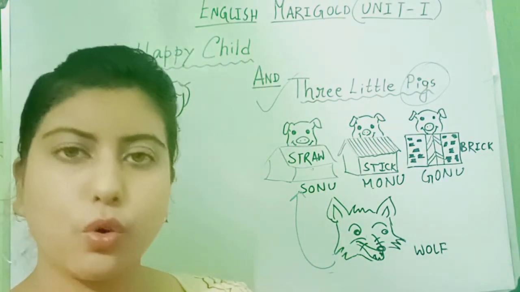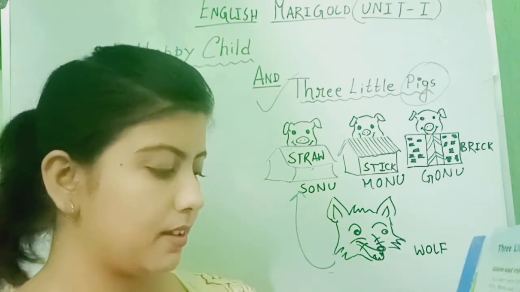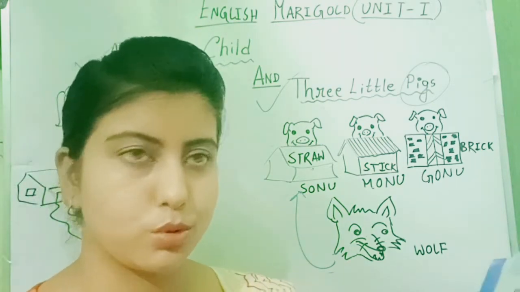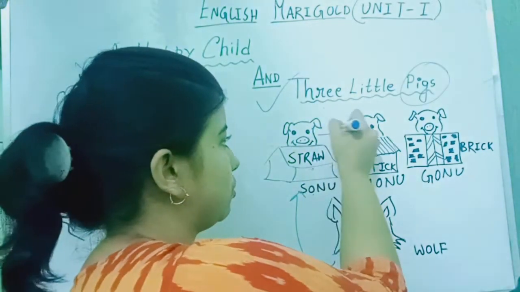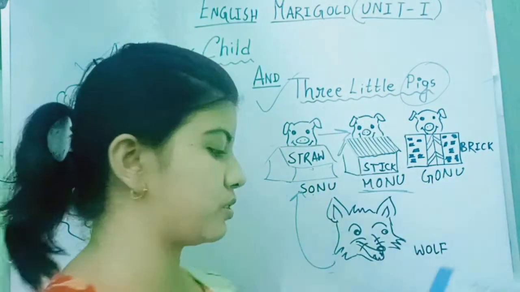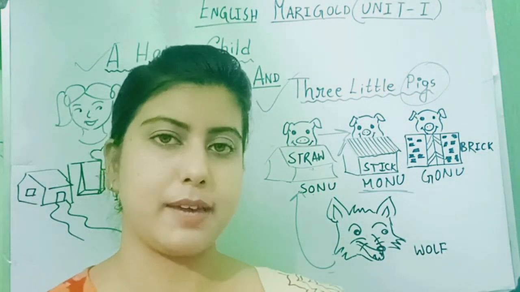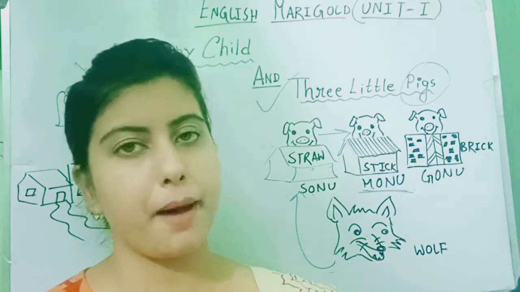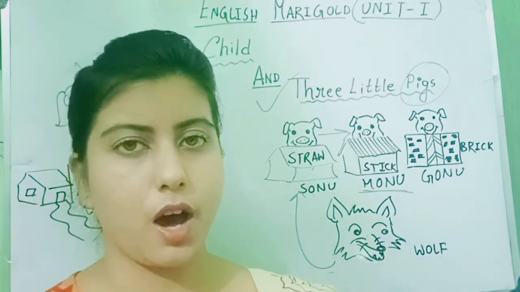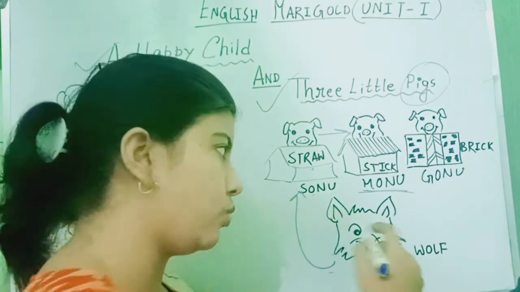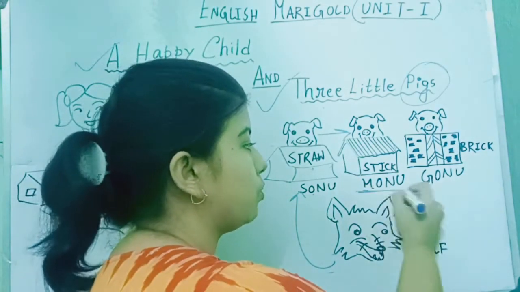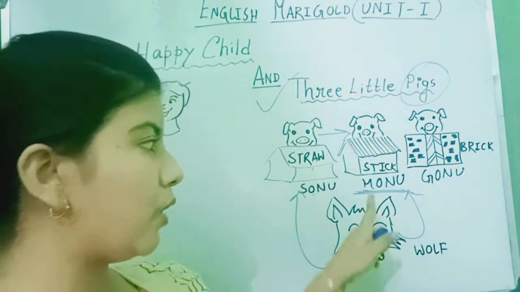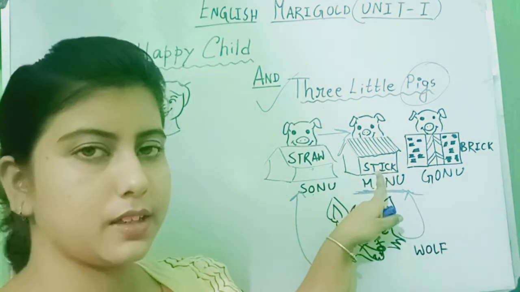Now Sonu became very frightened. He ran to Monu's house. The wolf came to Monu's house. He said, I will huff and puff and I will blow your house down. The house of Monu was made of stick.